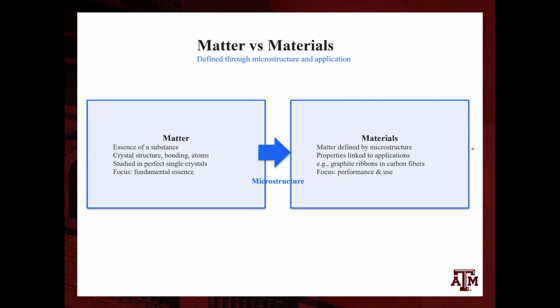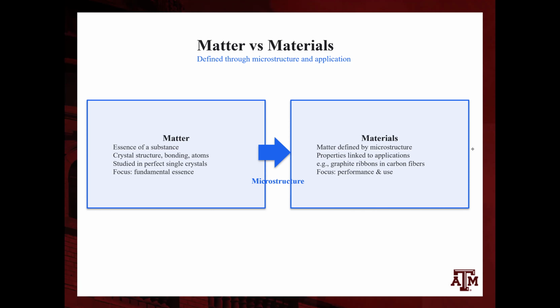So in summary, there is a difference between matter and materials. Matter here refers to specific elements, and those are governed by their equilibrium structure or atomistic structure, which we're going to talk about later. The most stable configuration is the configuration with the lowest energy, and that's more or less fixed for each, at least for elements.